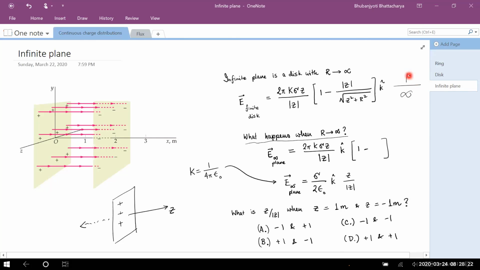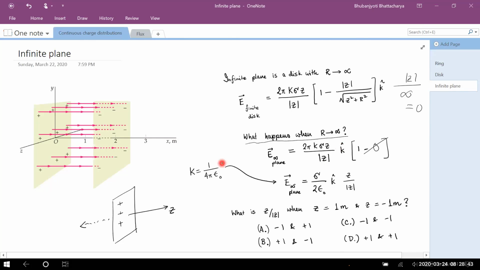So we have something that looks like some number, magnitude of z, divided by something infinitely large. Any number divided by infinity is equal to 0. So we get 0 over here. So this part is just gone. So our final result looks like 2 pi k sigma z divided by magnitude of z, k hat.